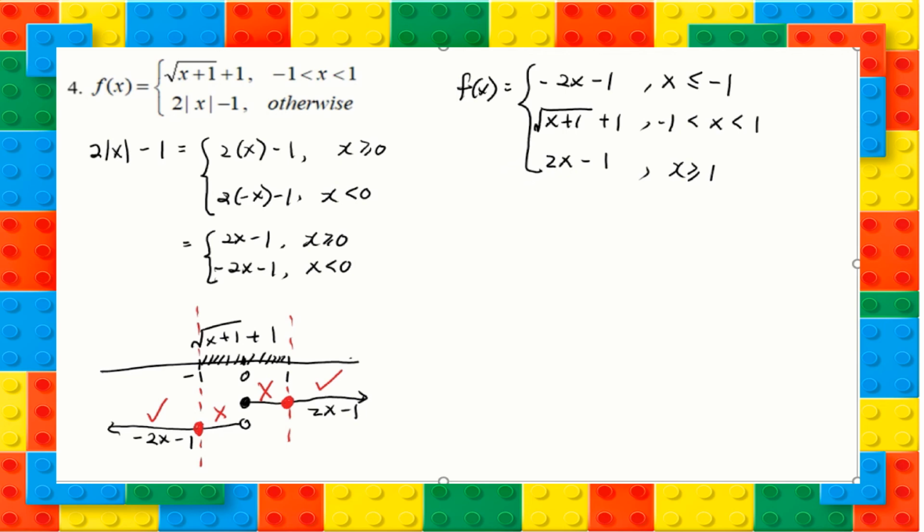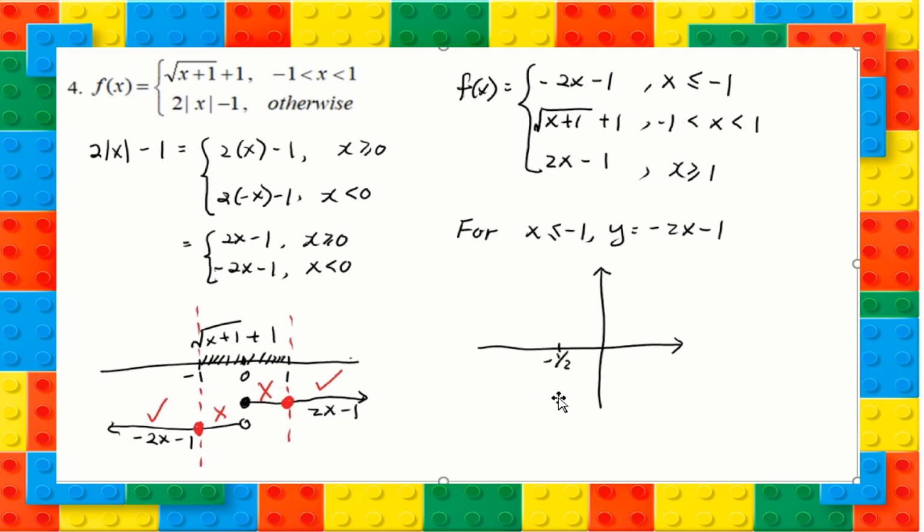Now, based on this piecewise function, we can start sketching the graph. The first one is when x is less than or equal to -1, y is -2x minus 1. This is a linear graph. When sketching a linear graph, we need 2 points.